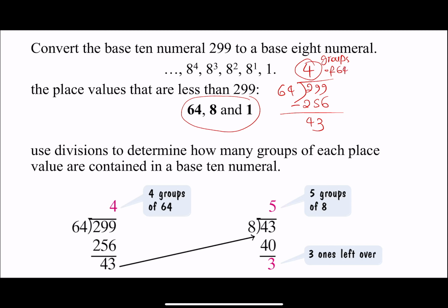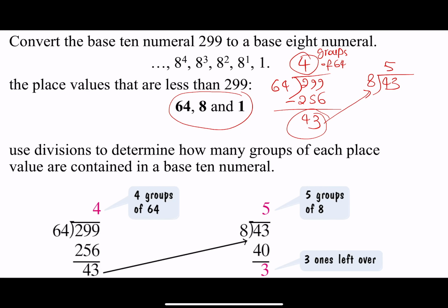Now this remainder, I divide by the next place value, which is 8. So how many groups of 8 make 43? If I go with 6, I get 48, which is bigger than 43. So I go with 5. 5 times 8 is 40. 43 minus 40 is 3. So I have 5 groups of 8.